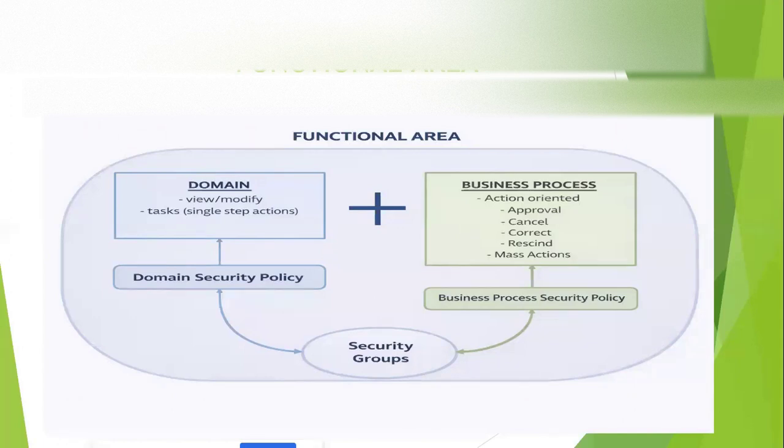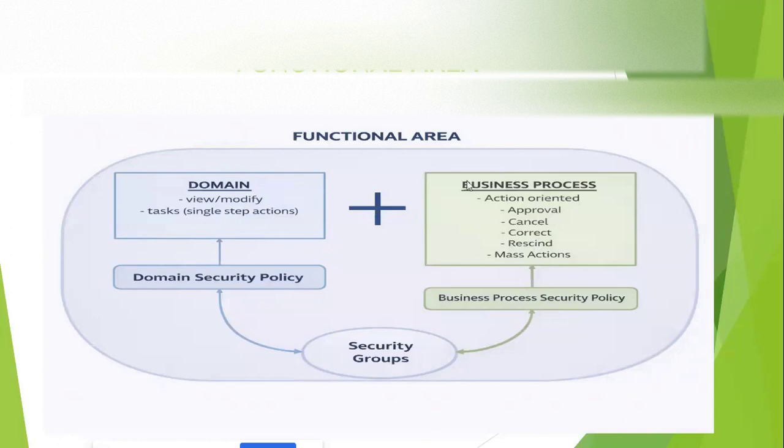The business process is more action oriented, meaning whatever actions we can perform: approvals, routing, cancellations, corrections, rescind, mass actions. All of these are action oriented processes.